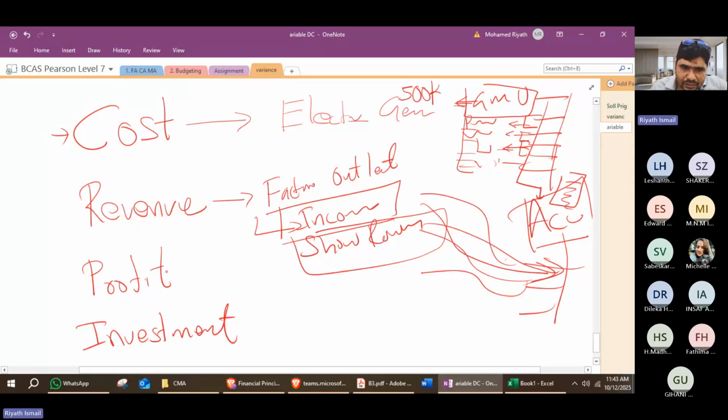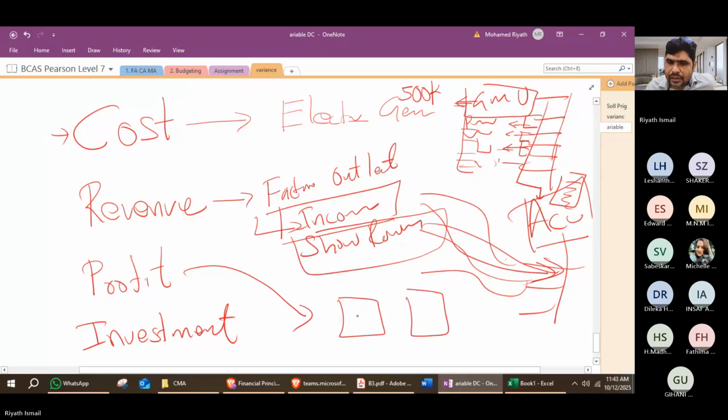Then profit center, where we can find both cost and revenue. Assume a retail grocery shop, only one unit, with an owner.